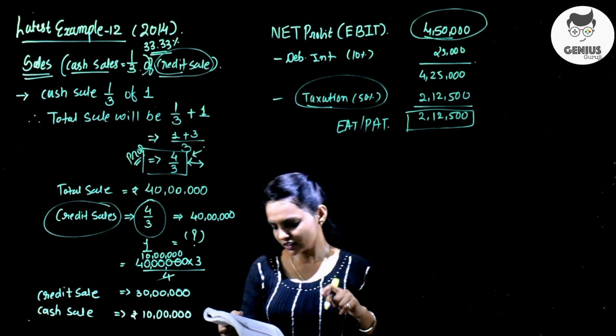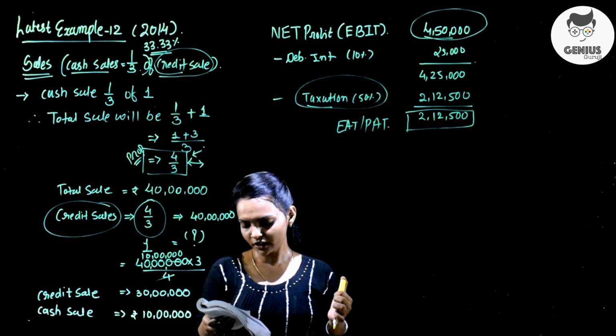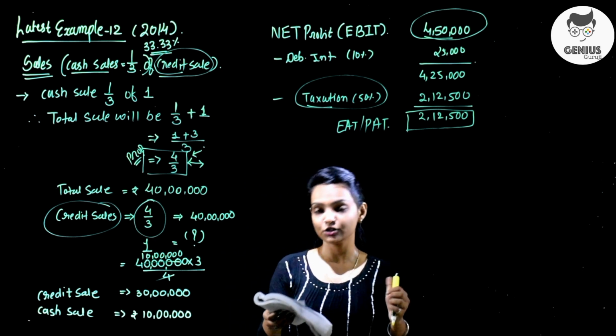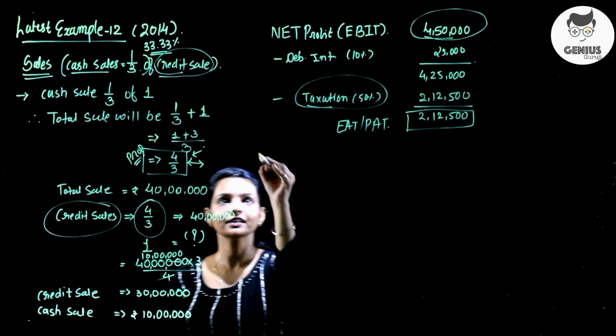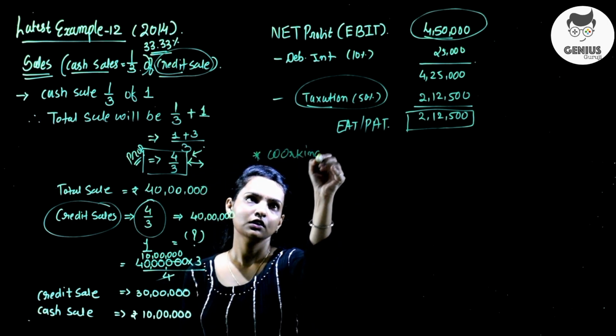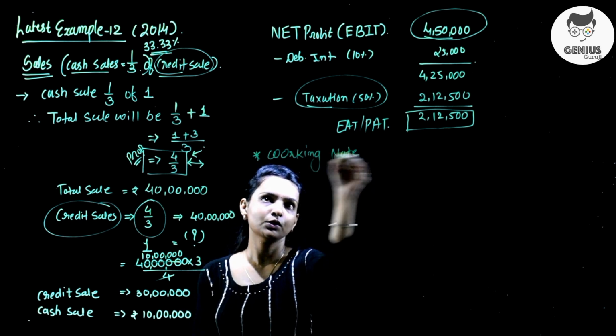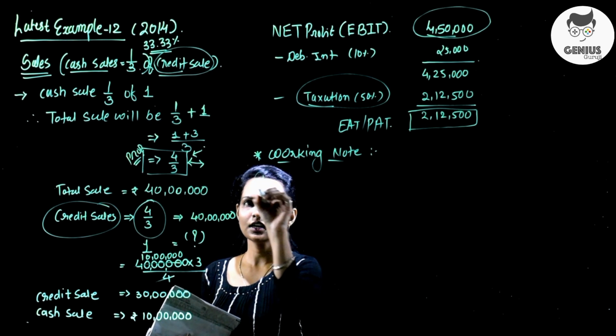We are asked the current ratio, liquid ratio, net profit ratio, stock turnover, debtors ratio, creditors ratio. So various types of ratios are asked, but before calculating these, we must calculate the working note. Now, our first ratio is current ratio.